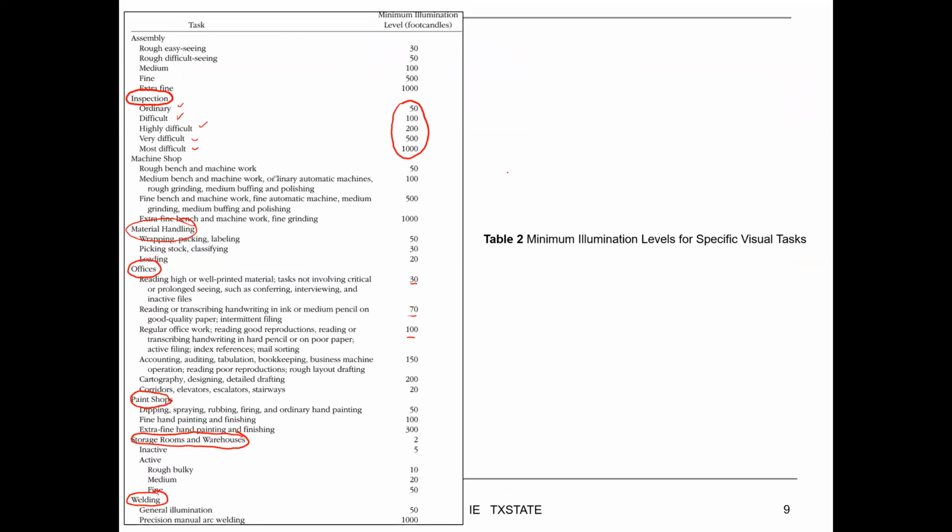Okay. So here we are going to be looking for automatic machining and rough grinding. So machine shop. If you look at this piece right here, it is the description that we are looking for. And this states that we need 100 foot candles.